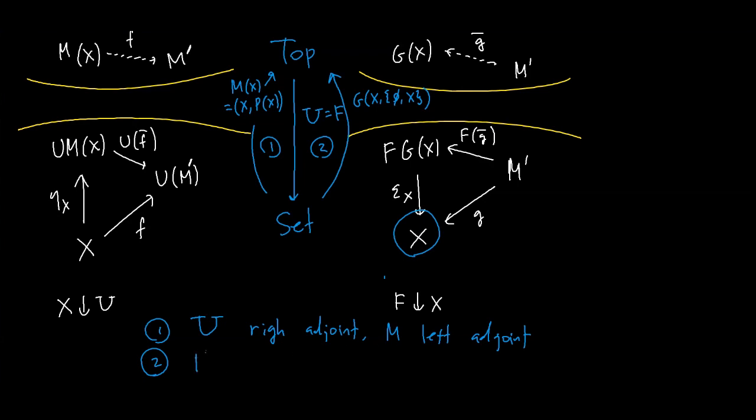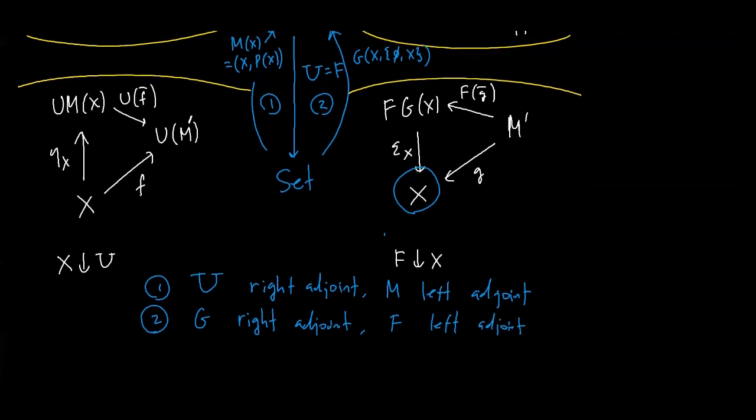Namely, G will be right adjoint, and F will be left adjoint, where the U and the F are actually the same thing.